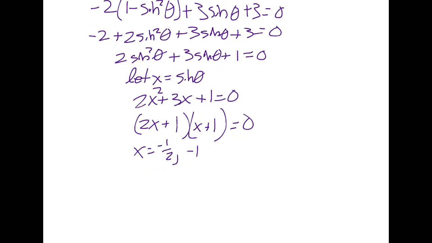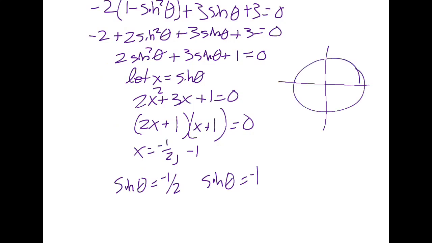But remember, x is really sine of theta, so we have sine of theta equals negative 1/2, and sine of theta equals negative 1. So draw a unit circle. Again, where is sine equal to negative 1/2? Well, that's going to happen right there and right there, which is 7 pi over 6 and 11 pi over 6.